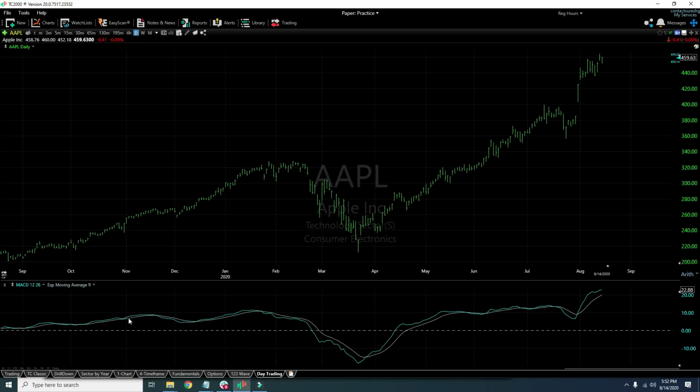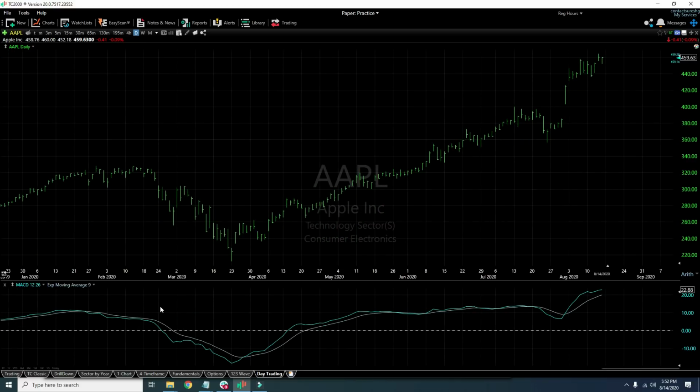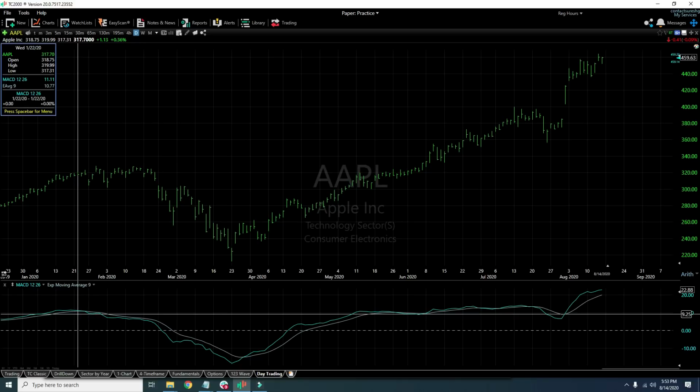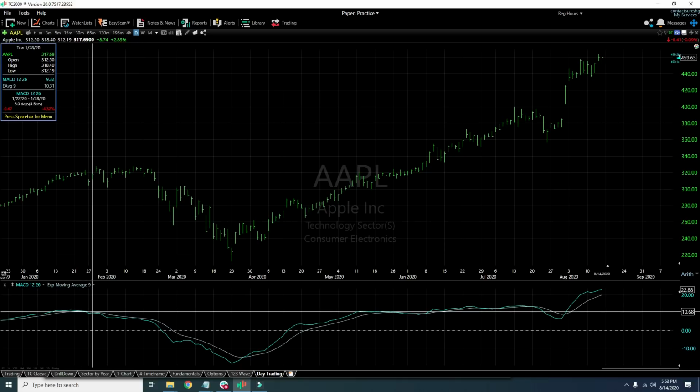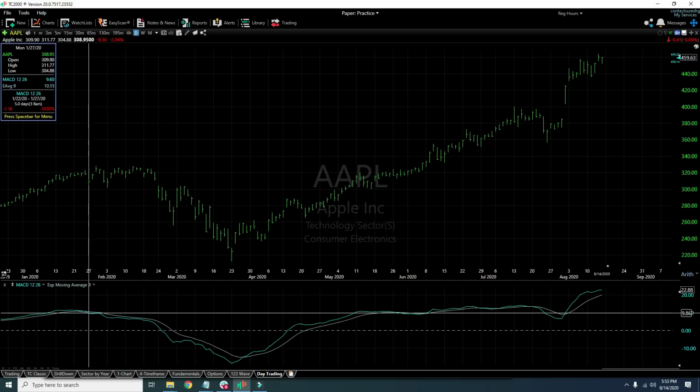Let me zoom in a little bit just to help you understand. If you pay close attention here, this is where the MACD line is, and the signal line is crossing over the MACD line.